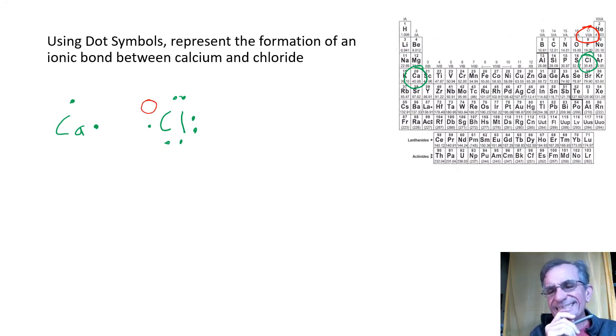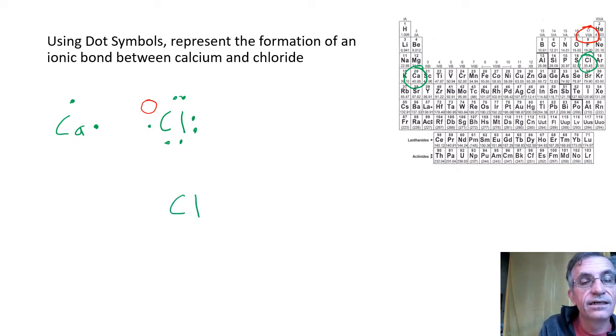So he can't take both of them. Calcium is trying to give away 2, but chlorine only has room for 1 of them. So what's going to have to happen is that calcium is going to need to find 2 chlorines to give its electrons to.